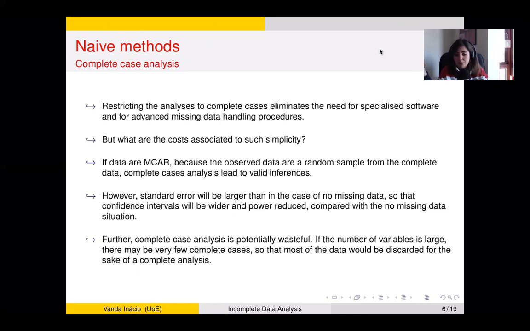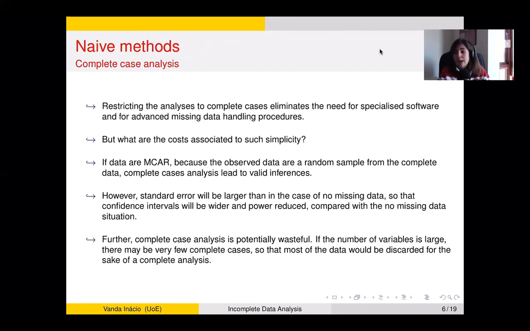And also we must be aware that this approach is potentially wasteful, because if we have a very large number of variables that we are interested in collecting information about, it's very likely that some of the individuals will have at least one missing value for one of the variables, and so this would possibly lead to eliminating several individuals, and so we may end up with a very reduced sample size.